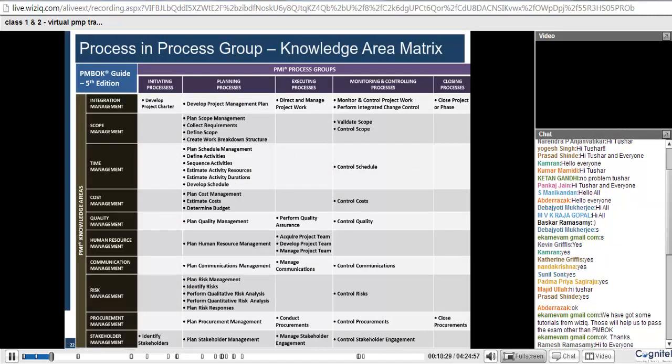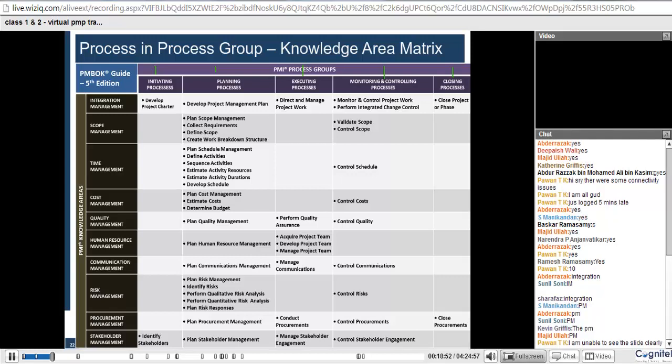Okay, so this is the matrix. This is the process group matrix, or the knowledge area matrix, or however you want to say. I'll tell you how to read it. On the top you see the columns: initiation, planning, execution, monitoring, controlling, and closing. And on the left hand side you see the knowledge areas.